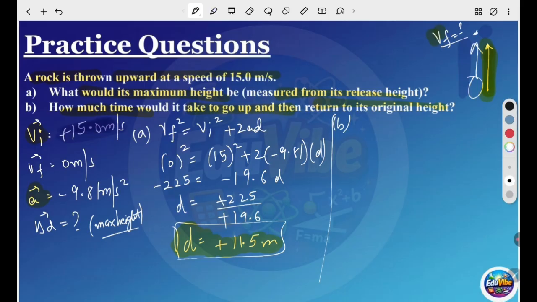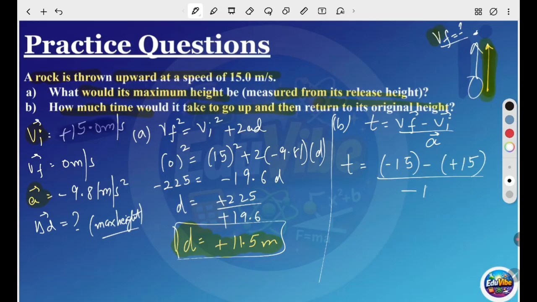So when we calculate this, t is equal to vf minus vi over acceleration. You can see how we get that t is equal to this. Our final is minus 15 and our initial is plus 15, and the acceleration is minus 9.81. From here we get our time of 3.0 seconds.